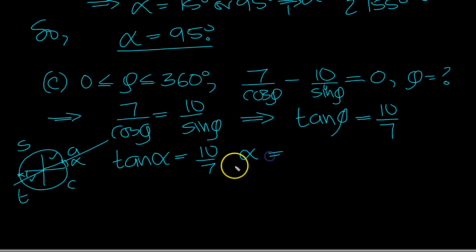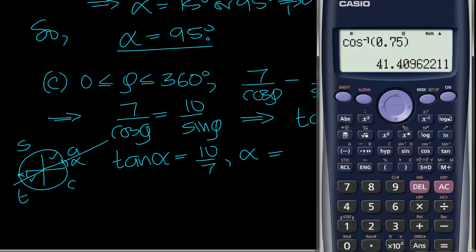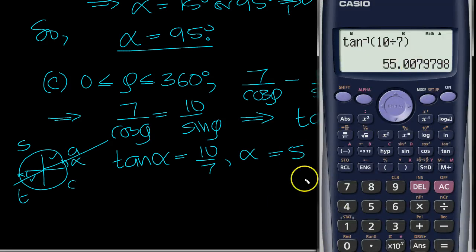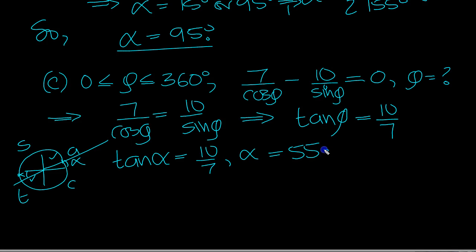So then we can work out alpha, which would be shift tan 10 divided by 7. 55.01 degrees. We'll do to 2 decimal places.